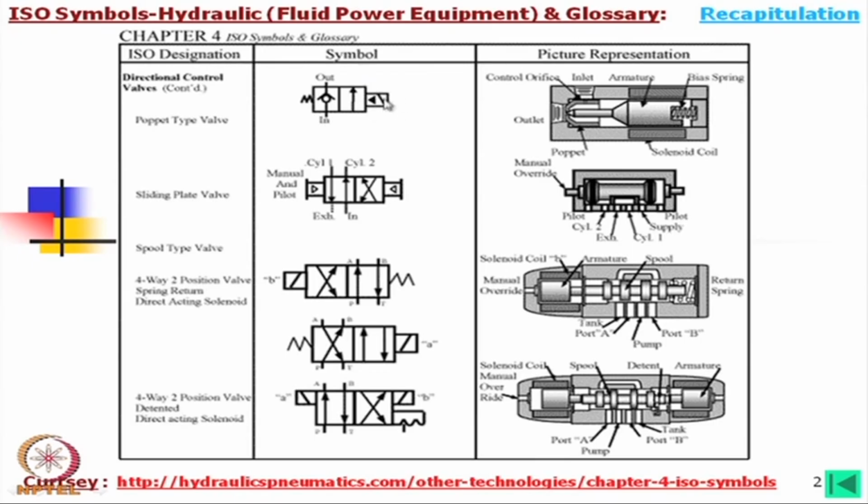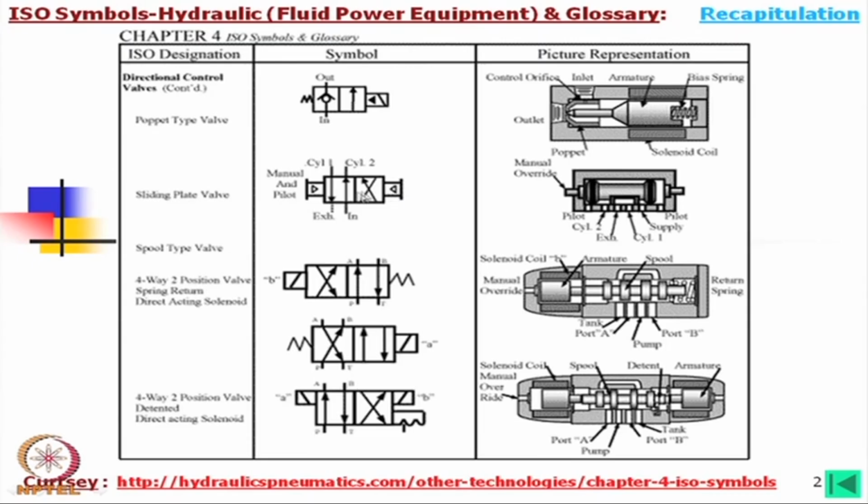It is actuated by an armature, which means it is solenoid operated. If we move this in this direction, then oil will go from this to this. If the oil comes from this side and we do not move this, then oil cannot go to the other side.